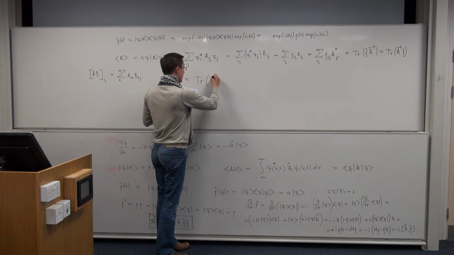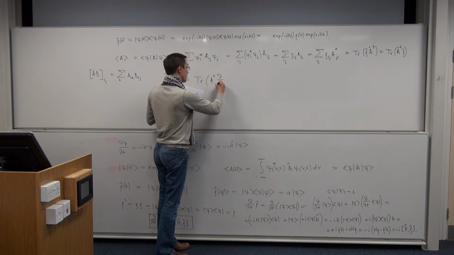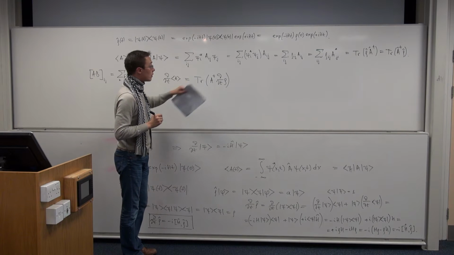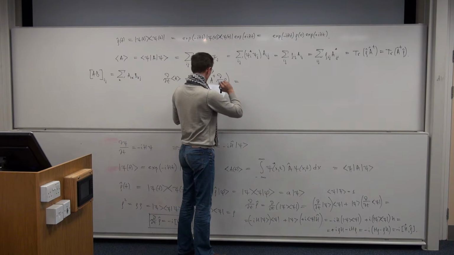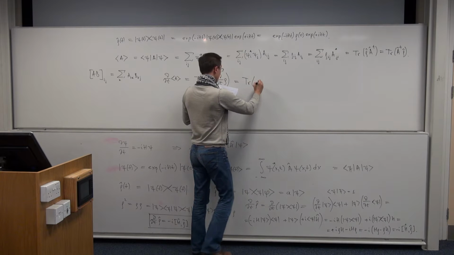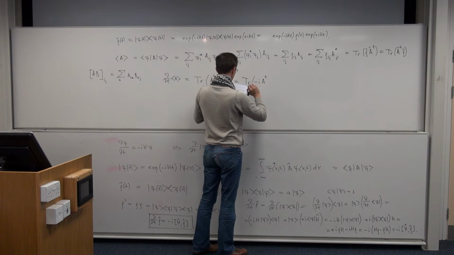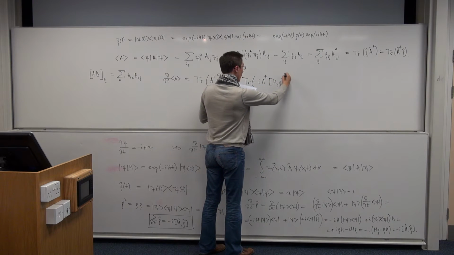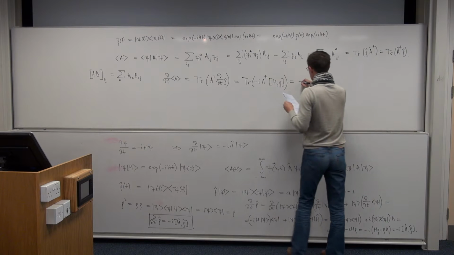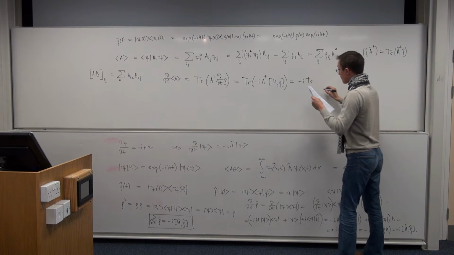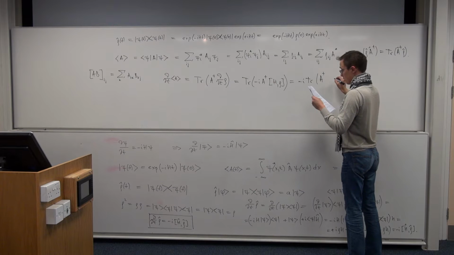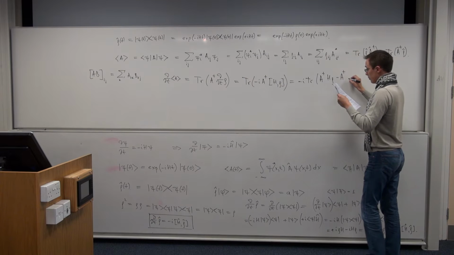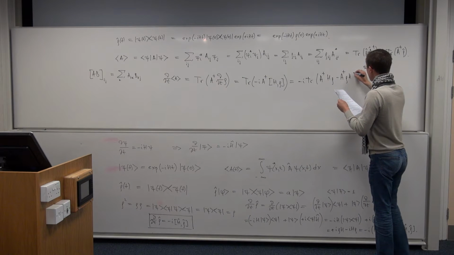So it will be trace of A Hermitian conjugate d by dt rho. D by dt rho is the Liouville-von Neumann equation. So that will be equal to trace of minus i commutator of H and rho. Opening that up, it's minus i trace of A Hermitian conjugate H rho minus A Hermitian conjugate rho H.